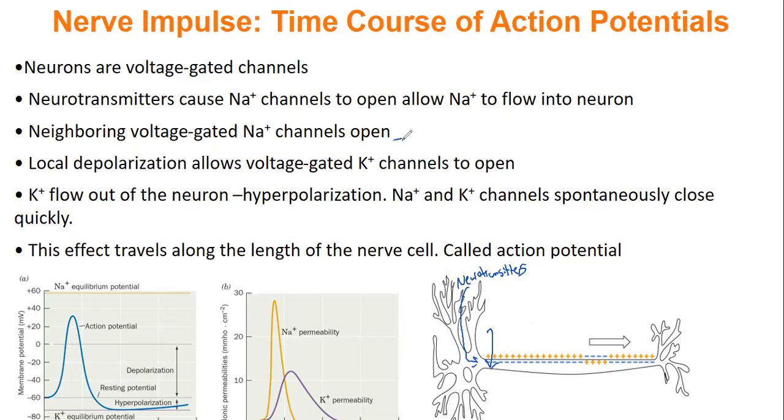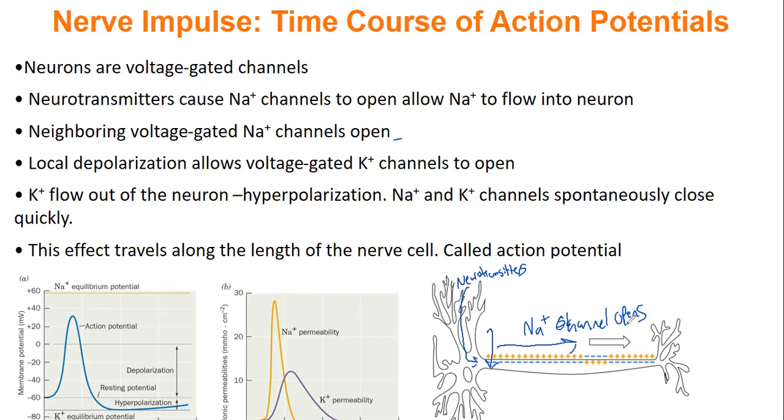One effect is that other sodium channels next to it will open up. So if one sodium channel opens up, its neighbors will open up. And so all along your neuron, the negative charge that was on the inside will turn to positive, right?